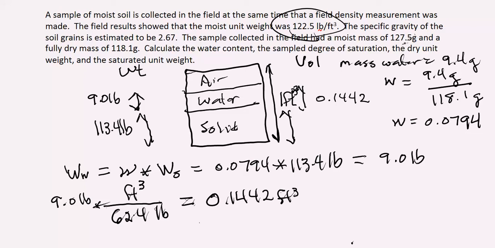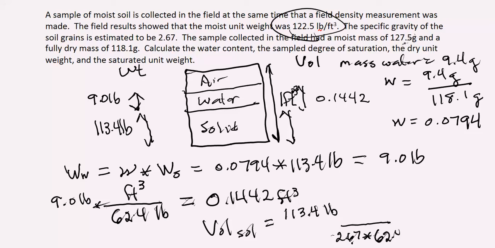We can get the volume of the solid phase from the fact that we know that there are 113.4 pounds, and the specific gravity is 2.67, so the unit weight of the material would be 2.67 times the unit weight of water, 62.4 pounds per cubic foot, and that'll give us the volume of the solid.